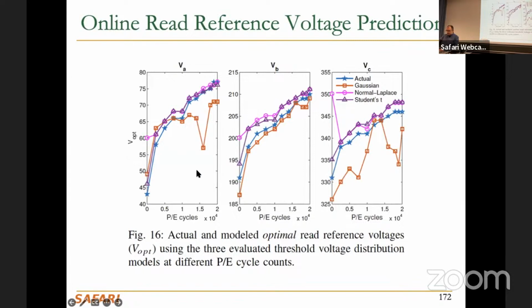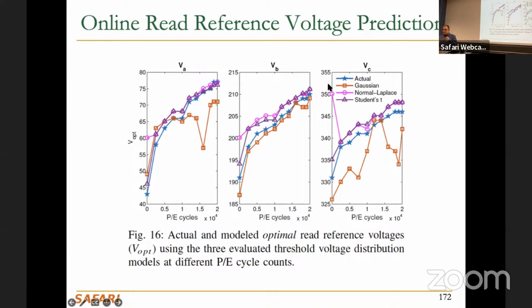this is like 3 plots. We have increasing P/E cycles, and we have different models: the actual device results, and the models that you use for the distribution, Gaussian, normal-Laplace and Student's t. And this is the model's optimal read reference voltage.